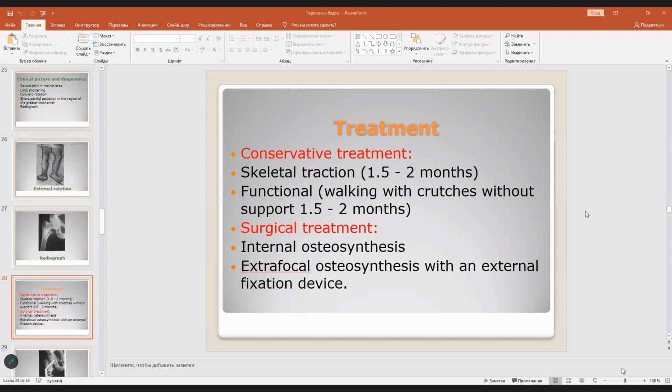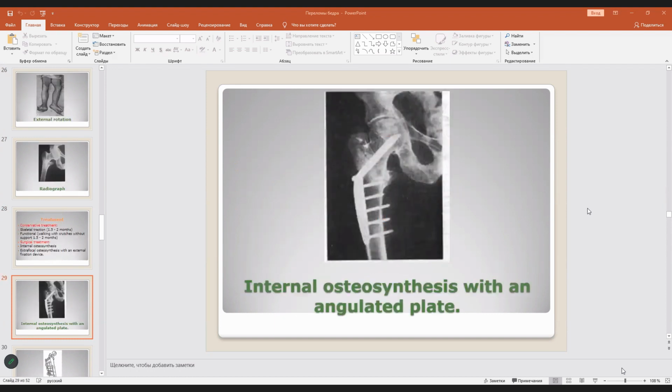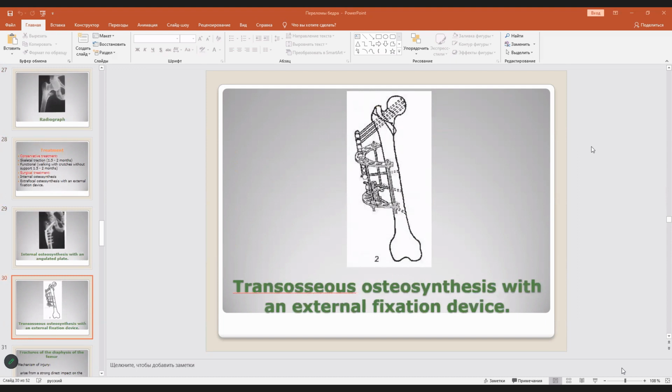Surgical treatment: internal osteosynthesis, extrafocal osteosynthesis with an external fixation device. For example, internal osteosynthesis with an angular plate. Transosseous osteosynthesis with an external fixation device.